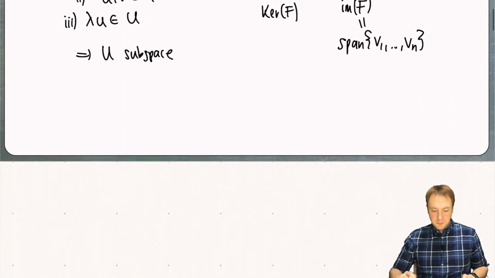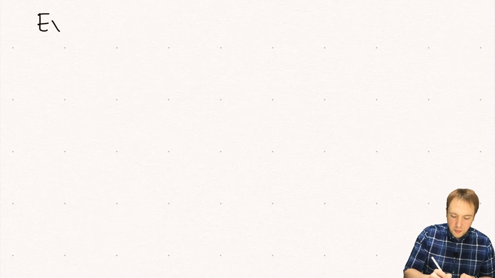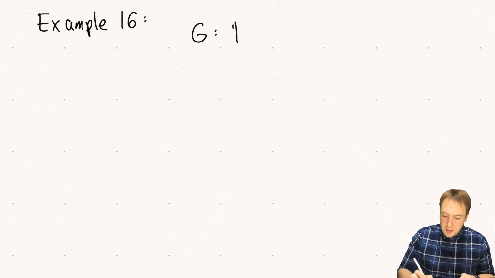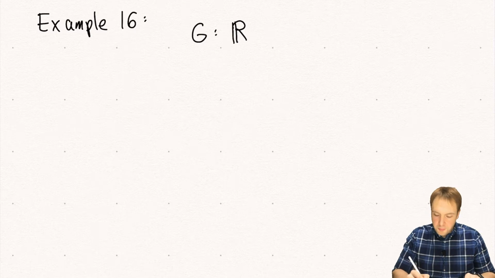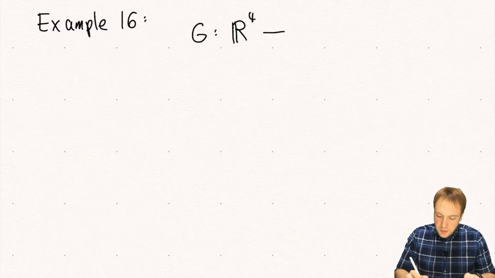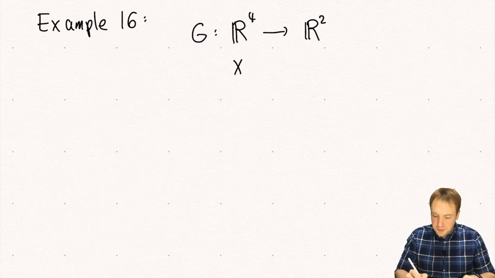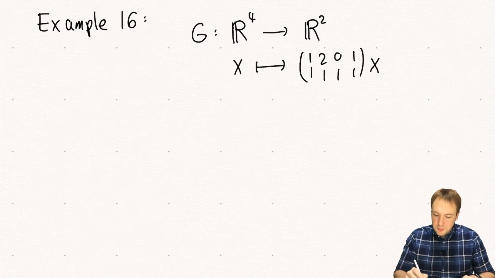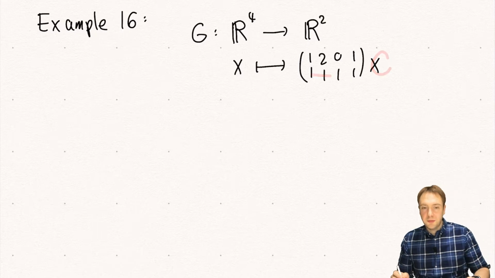For example, in example 16, we considered the following linear map, which we denoted by G. This was a linear map from R4 to R2, sending a vector of size 4 to its product with this matrix, which gave a vector of size 2.